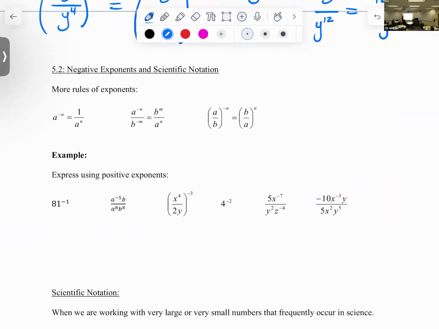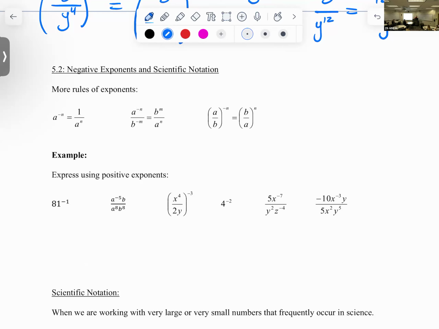Just like with the quotient rule, when you have a negative exponent, that actually means it's on the wrong side of the fraction. So we were bringing them up and they were all ending up positive, but I can do the opposite. If I have a negative in the numerator, I can move it to the other side of the fraction to become positive and vice versa. All of these are basically saying the same thing.